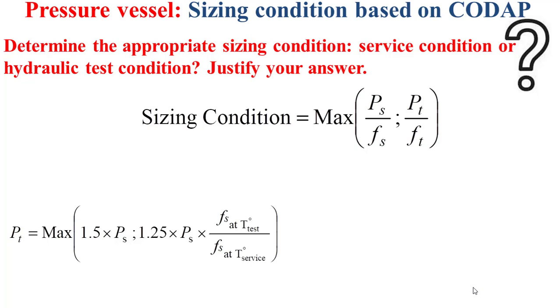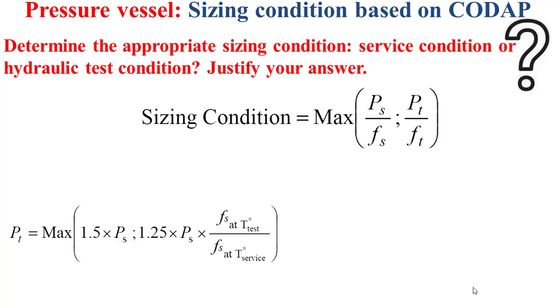Pay attention, the Fs at t-test is not Ft. Fs at t-test, as I said, is the maximum allowable stress associated to the service, but measured at the temperature of the test, and Ft is the maximum allowable stress associated to the test.